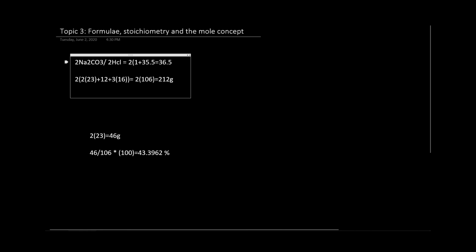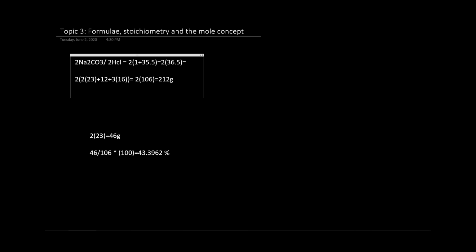So it's as simple as daylight. You just take the relative molecular mass of one molecule and then multiply it by 2, right? So we'll be having 2 into 36.5, which will be like 73, I guess. Yeah, it'll be 73 if I'm not mistaken.